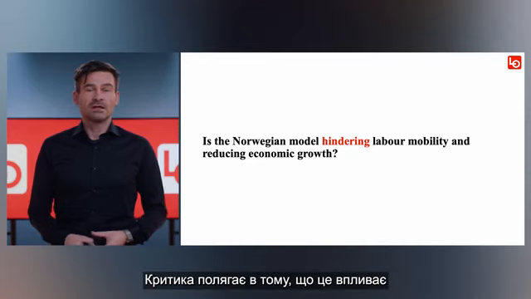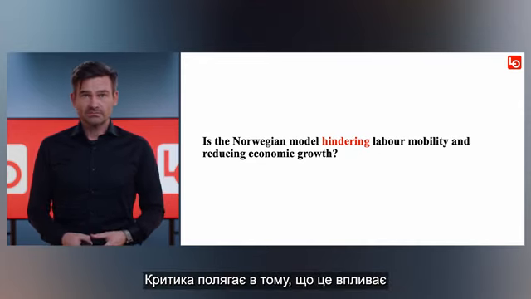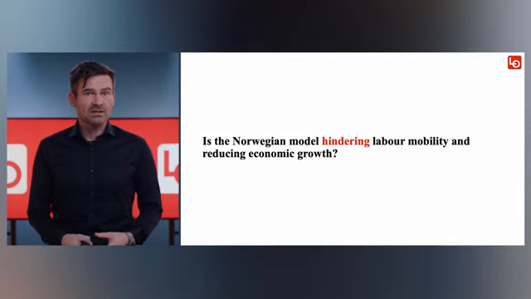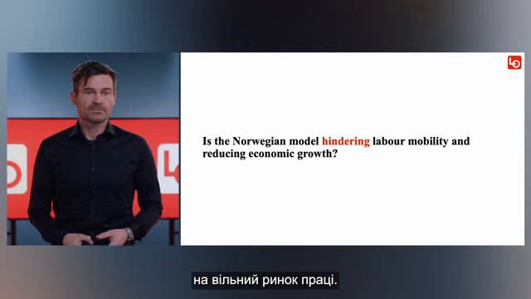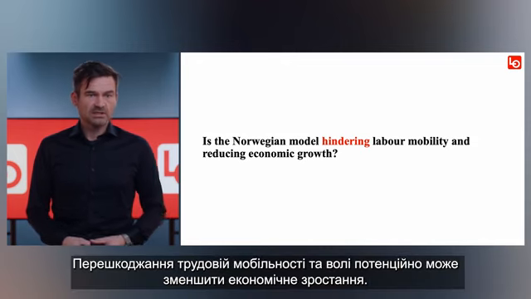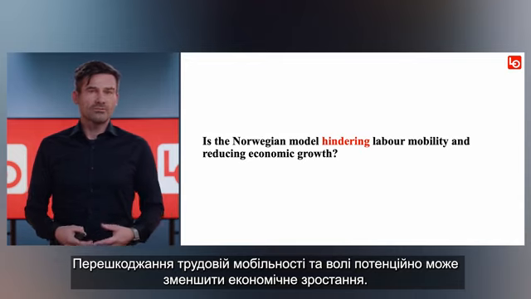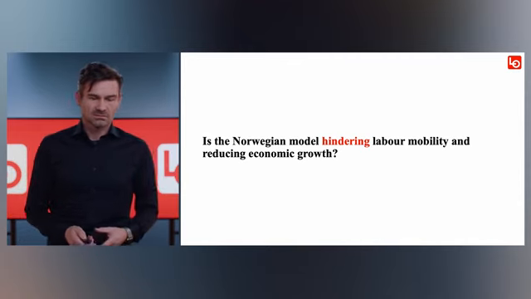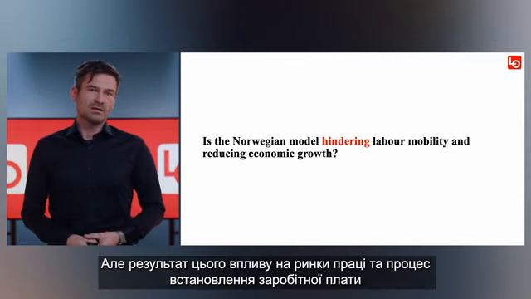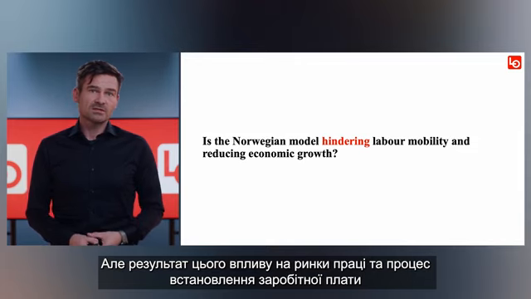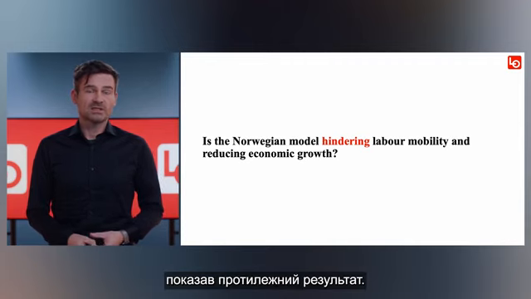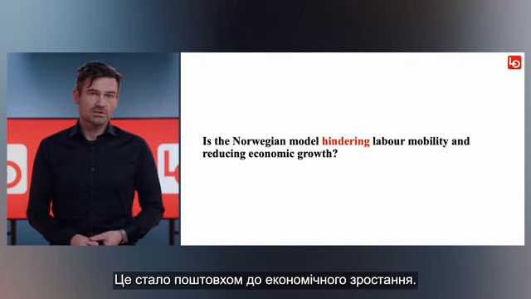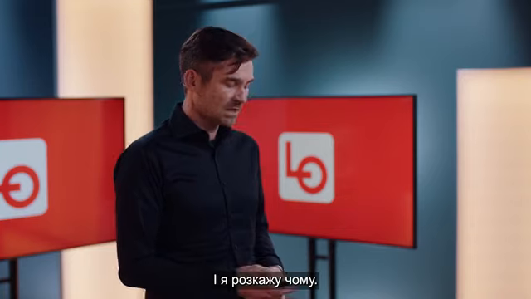The critique is that it's intervening in the free labor market, hindering labor mobility, and will probably reduce economic growth. But the result of this intervention in the labor market and wage setting has shown to be the opposite. It has been a boost to economic growth. And I'll tell you why.